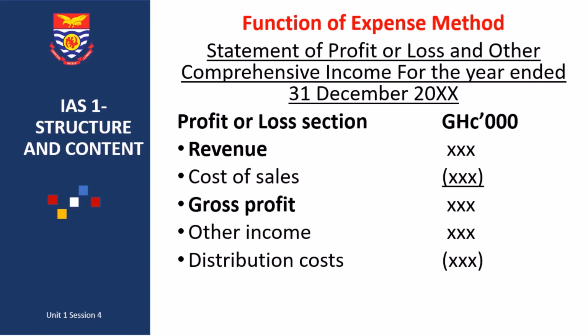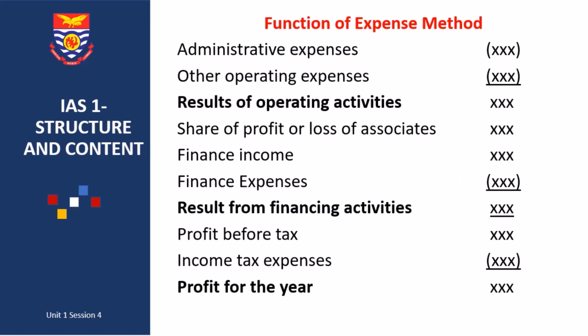Here we are looking at the total of all these figures. A lot of items come together to form your cost of sales, but we are looking at the total from the various natures, or from the various departments they are coming from. Then we pick the total as cost of sales. We do that for other income, we do that for distribution, administrative, and other operating expenses.